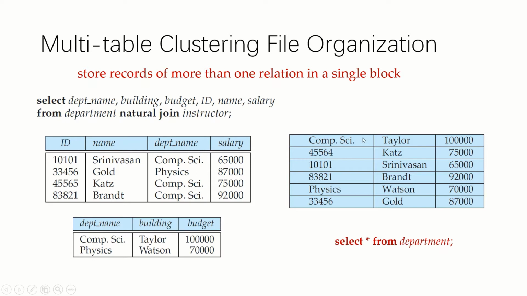So computer science will be over here, and below it will be the people that belong to the faculty of computer science. Next will be physics, and the faculty that belong to the physics department will be over here. Notice that for the faculty members, the department is missing. It is implicit that they belong to computer science.